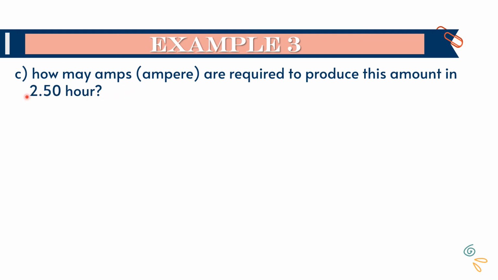Okay, now let's proceed to part C. So, for part C, how many ampere are required to produce this amount in 2.5 hours? So, dia related kepada soalan B, soalan A and juga the main question. Ampere, again, dia gunakan unit. Ampere ni untuk siapa? Ampere is actually unit untuk I. Unit untuk our current.